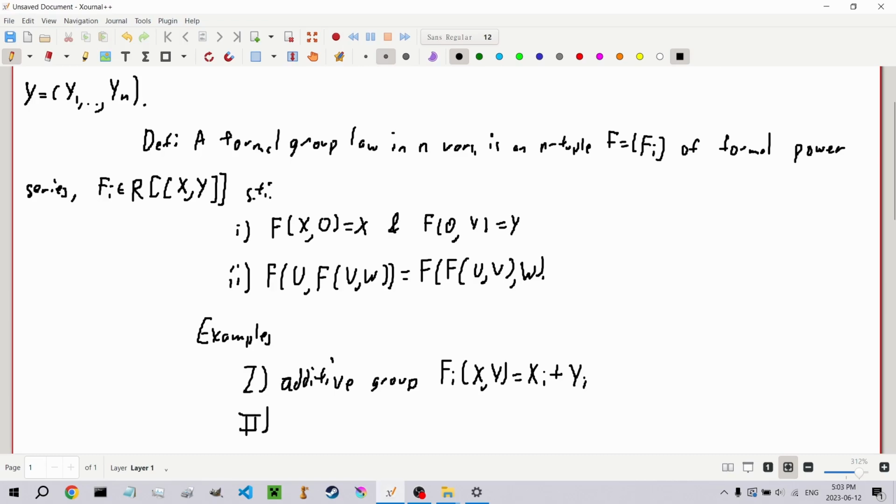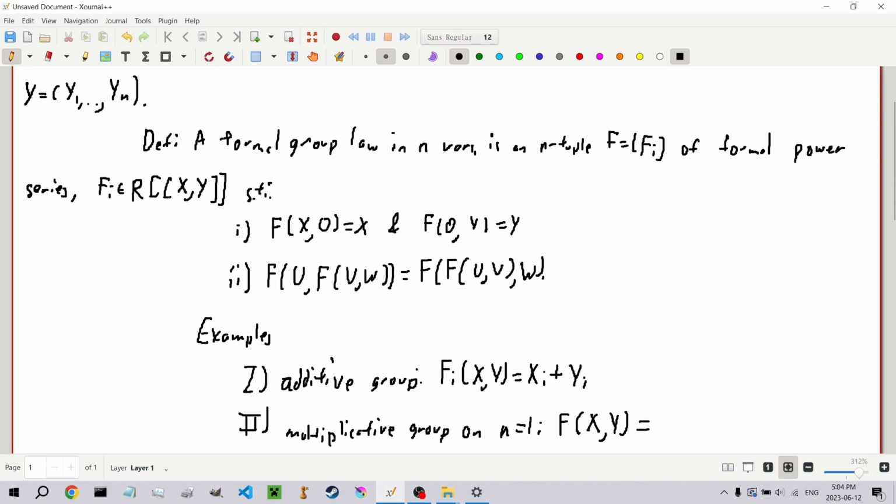Secondly, we have the multiplicative group, on n being 1, so we're looking at 1-tuples. The additive group is by dimension, of course it's going to extend to the whole space pretty trivially.